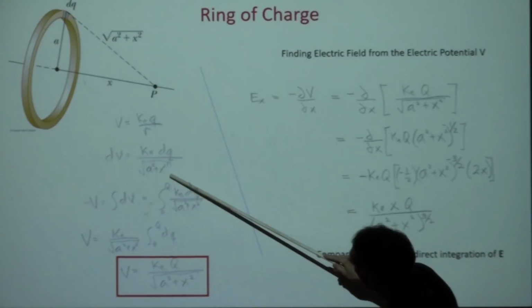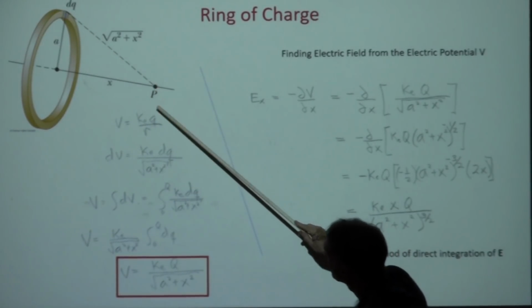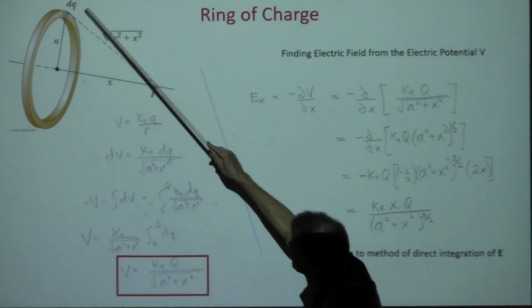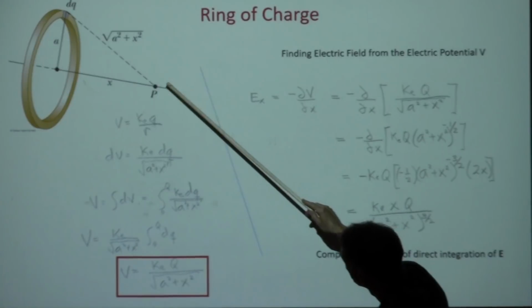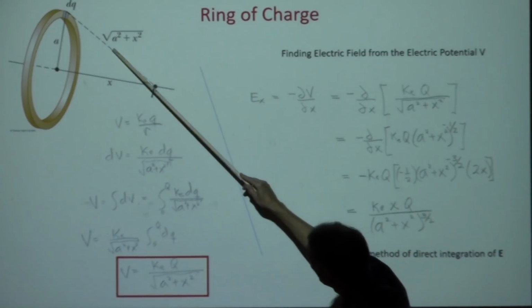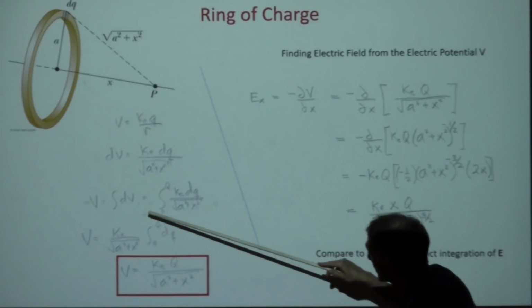I need this R value, the distance from that charge to this point, to make use of this. And that R value, by the Pythagorean theorem as it was before, is the square root of a squared plus x squared. So we can take that R value, put it in here, and the integral is fairly simple.